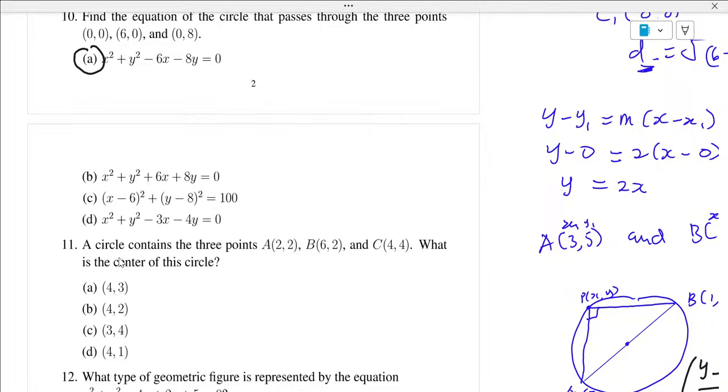So everybody, try your hands on this, and then put your answer in the comment section.